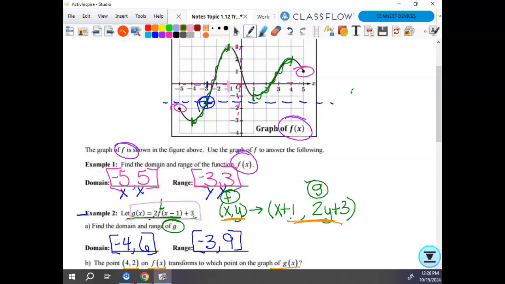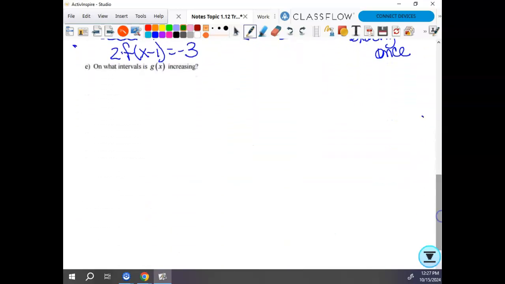What would change my increasing pieces to decreasing? What kind of transformation? A reflection. If I reflected in the x-axis, then what's increasing would become decreasing and vice versa. Does that make sense? But I don't have any reflections, so I'm fine. All I have to worry about is where f is increasing, and then that can help me with g. So let's come down here. And I know it's asking for g, but you have to use f to figure this out.